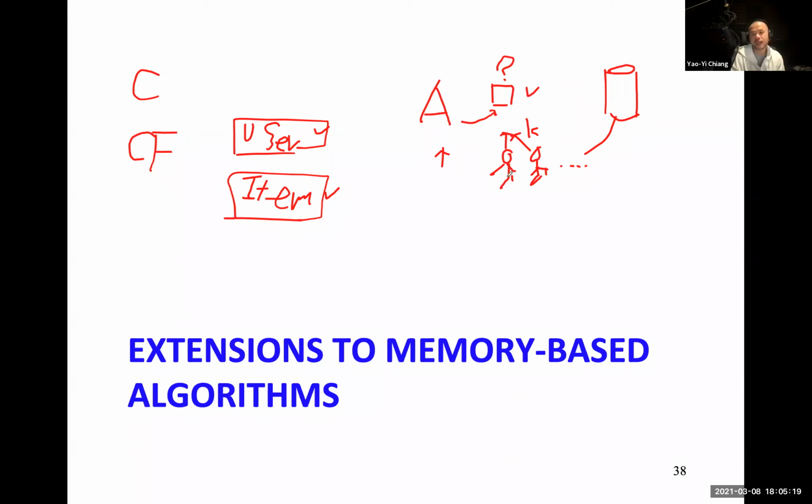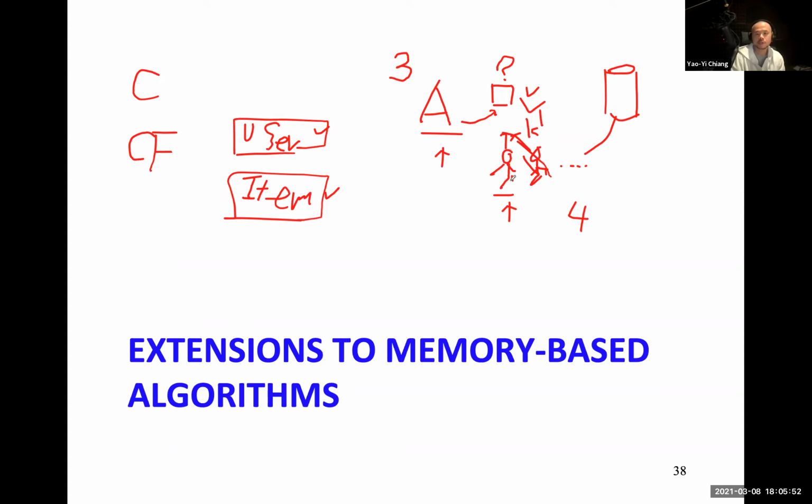So let's say you have K equal to 1. That means you just find the most similar user. You just say whatever this user rated for this item, I will just use that as the rating for A. One example would be if you look at user A's rating and you say user A's average rating is 3. You look at this most similar user, and the most similar user's average rating is 4.